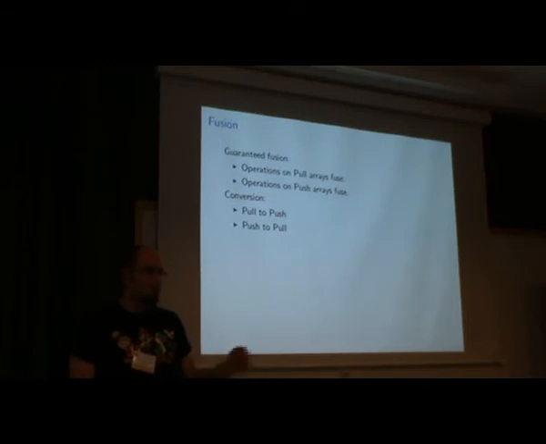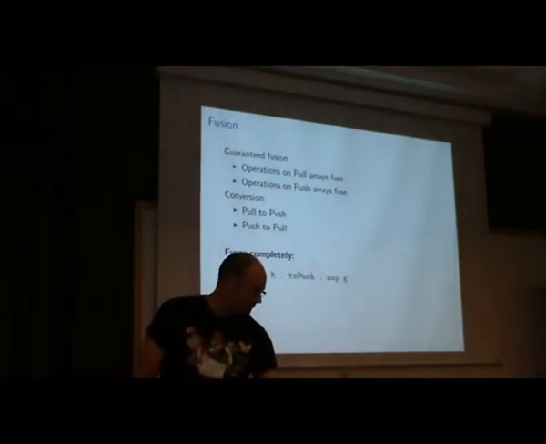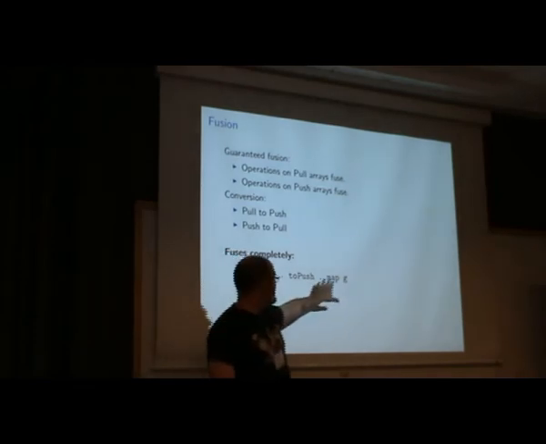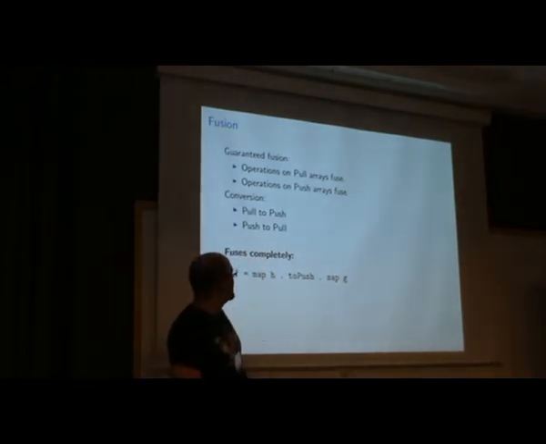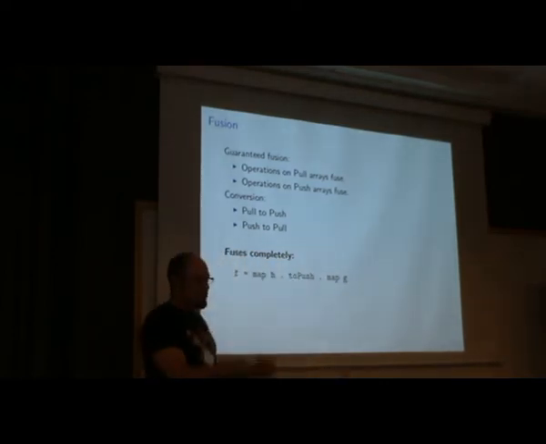You can also convert between push and pull arrays. You can convert a pull array to a push array, and that works very well. Like this example, for example. If you map G, convert to push, map H over some input pull array, this will completely fuse.